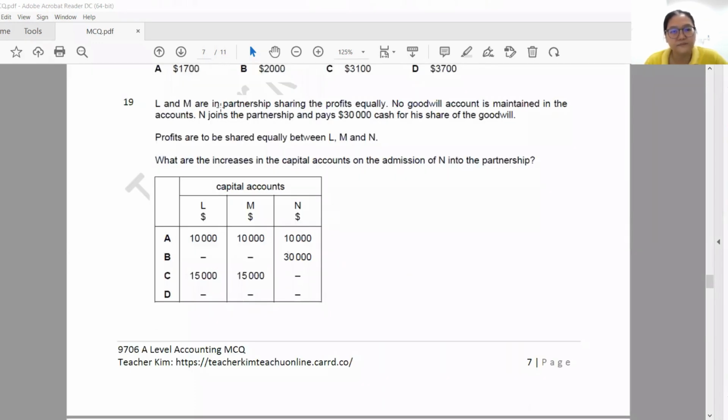Okay, 19. L and N are partners sharing the profit equally. No goodwill account is maintained in the accounts. Z joins the partnership and pays 30,000 cash for his share of the goodwill.